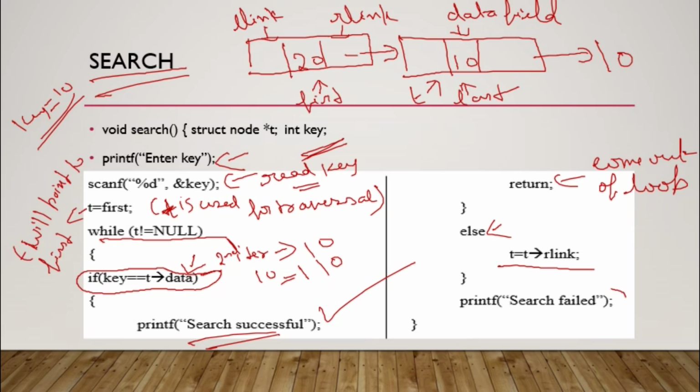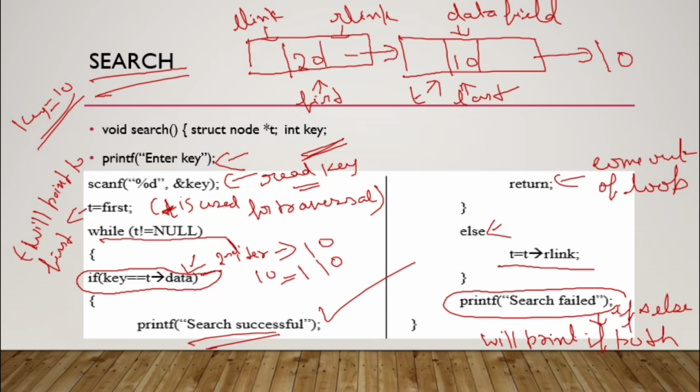It will simply print search failed if both if and else fail. That means you don't have that element which you have searched in the doubly linked list. It is as simple as that.